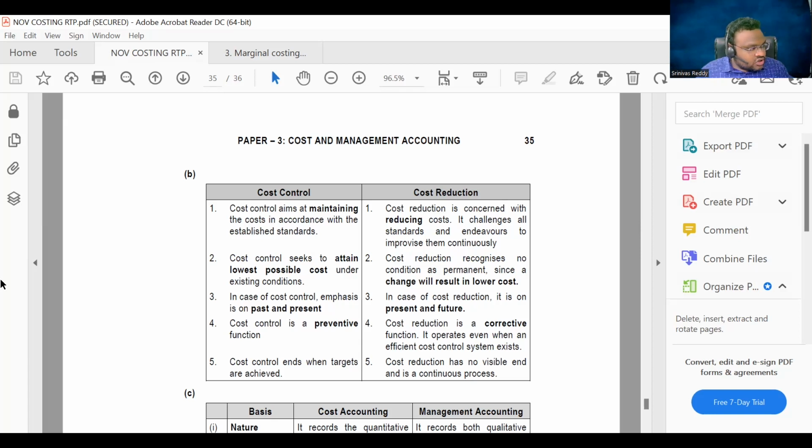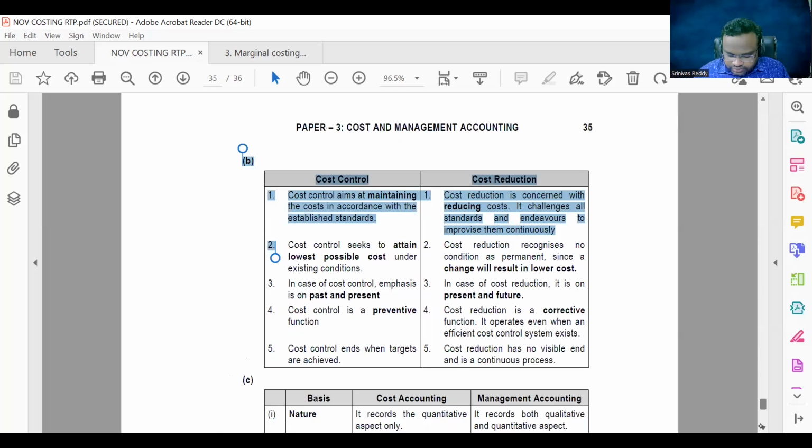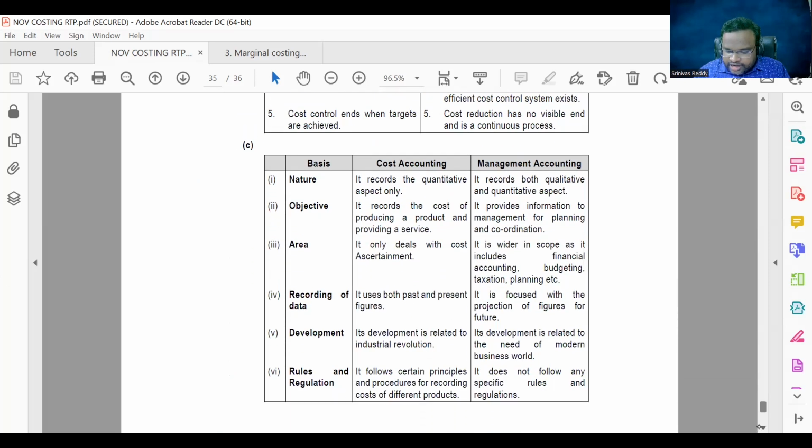Next part. Cost accounting and management accounting are used synonymously, but there are a few differences. Elaborate these differences. So that also we have a question. We have discussed it in question number 1. Management accounting is broader compared to cost accounting. In nature, cost accounting is only quantitative, management accounting is qualitative also.